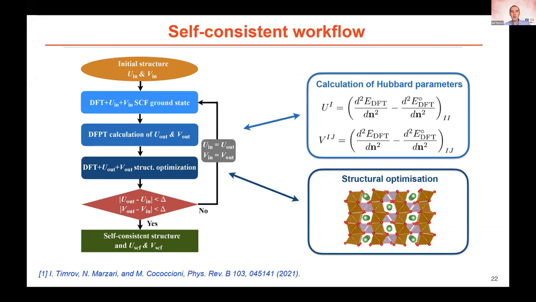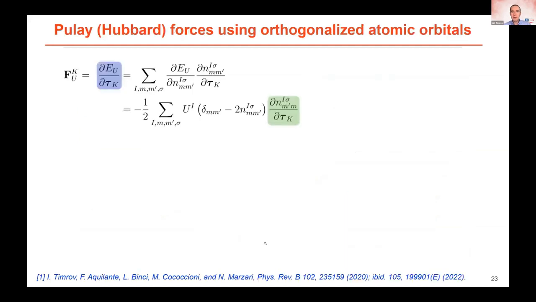So now our self-consistent Hubbard parameters are fully consistent with the underlying geometry. And we will show you that this is the procedure that we use in practice. Not the one-shot one, but really the self-consistent one.